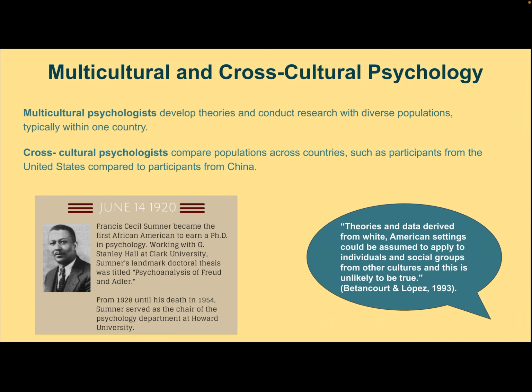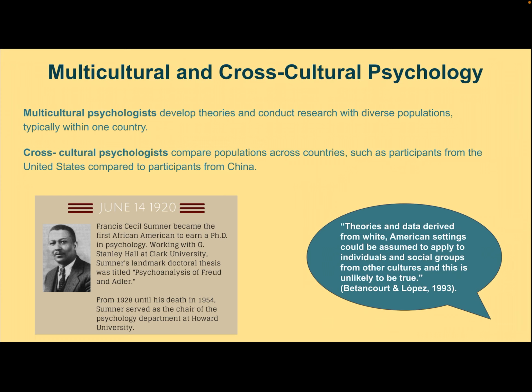The book gives a few examples. I have one important one here, who is Francis Cecil Sumner. He's the first Black American to earn his PhD in psychology, so the first African-American psychologist. He worked with G. Stanley Hall, who actually was the founder of the APA. And he graduated from Clark University, I believe.